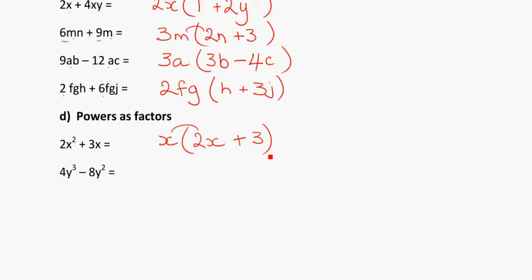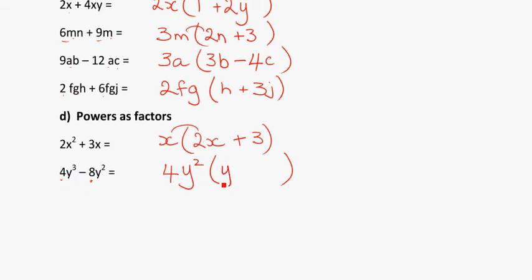Okay, the last one. The highest common factor of the numbers is a 4. Now, there's a y cubed here and a y squared here. So I can actually pull out, or factor out, a y squared. So what do I multiply 4y squared by to get 4y cubed?